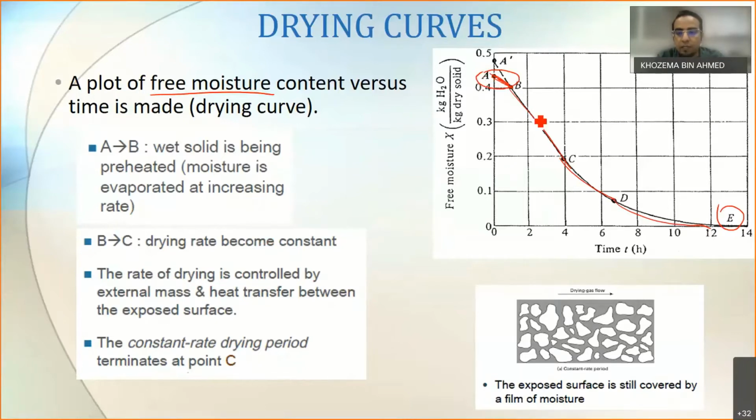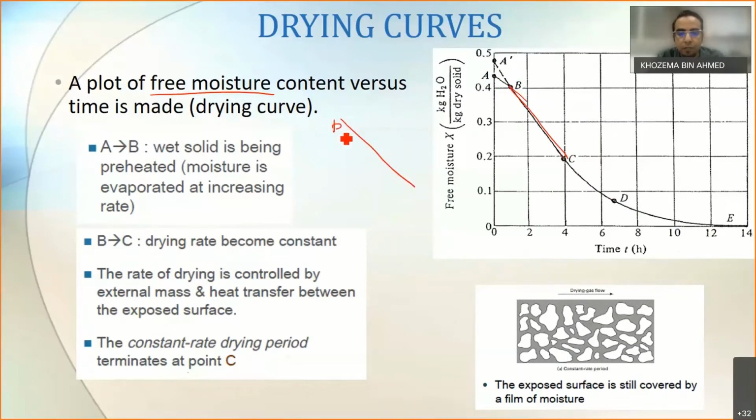Once you reach B, the drying rate becomes constant. Why do I say the drying rate becomes constant? Let's just focus on B to C and ignore everything else. We say B to C is a constant condition because in ideal conditions it is going to be a straight line.